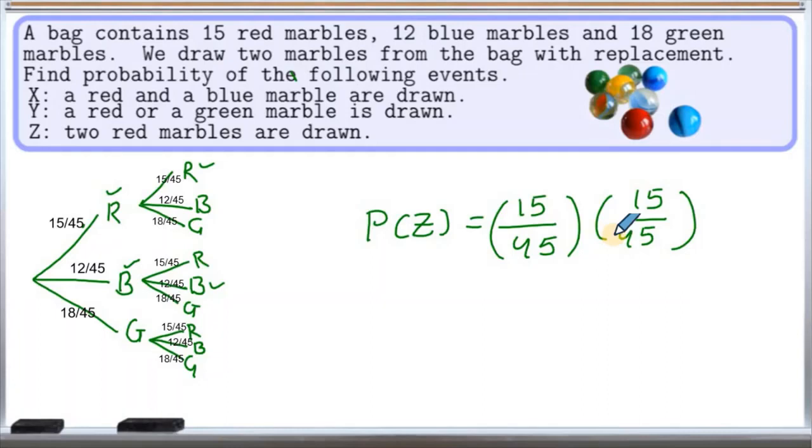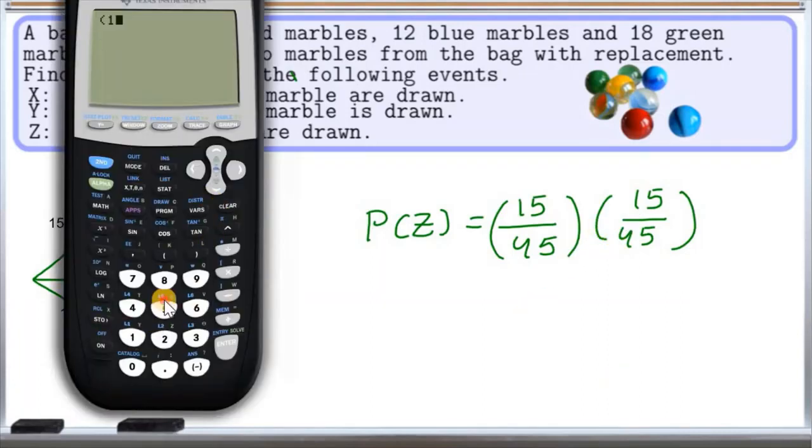Now we just need to evaluate this. So this can be done in calculator. Therefore, probability of Z equals 0.1111.